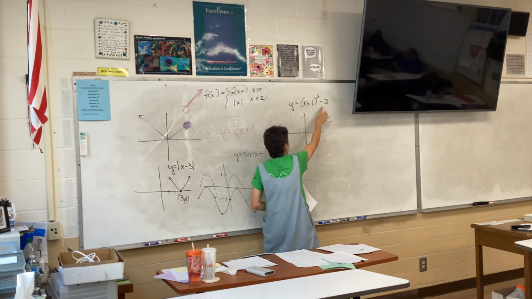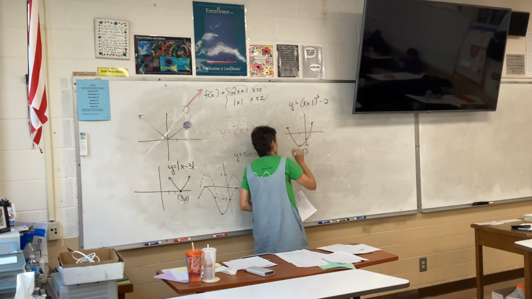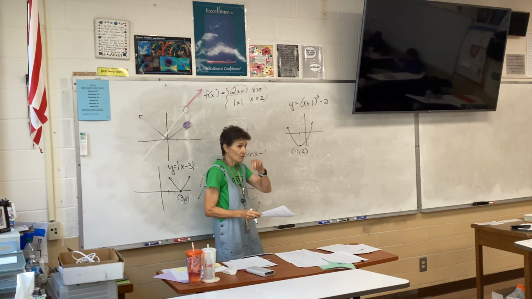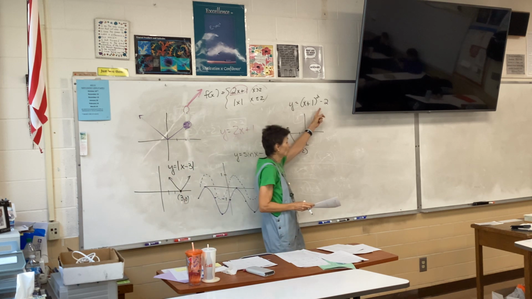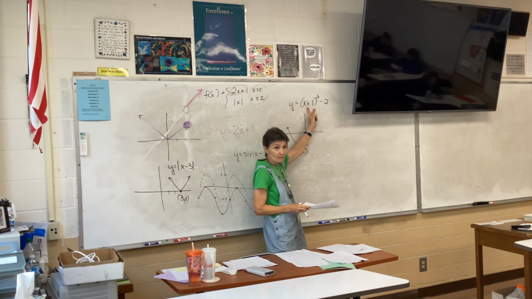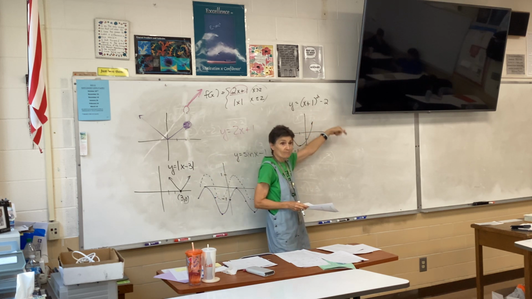Left 1 and down 2. So I just move it over or down. Left 1 and down 2. If you don't already know the rules here, make sure you know them. That's inside, so that's left and right, plus is left. This is outside, that's up and down, minus is down.